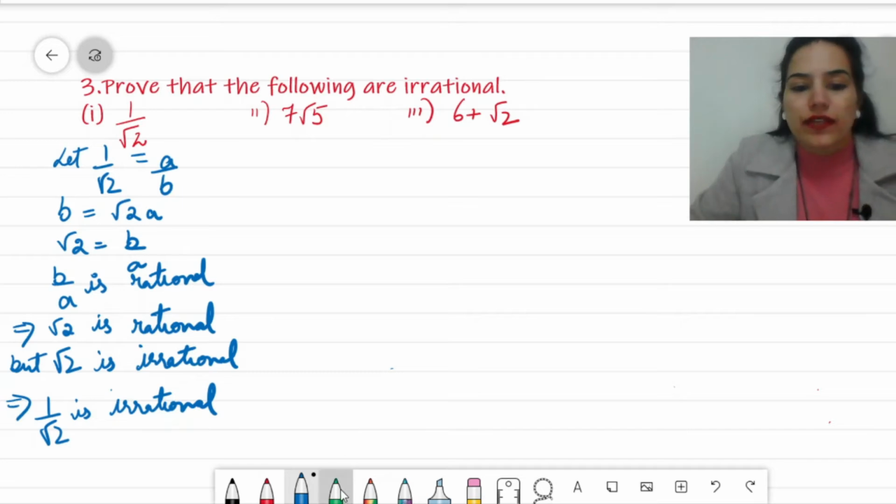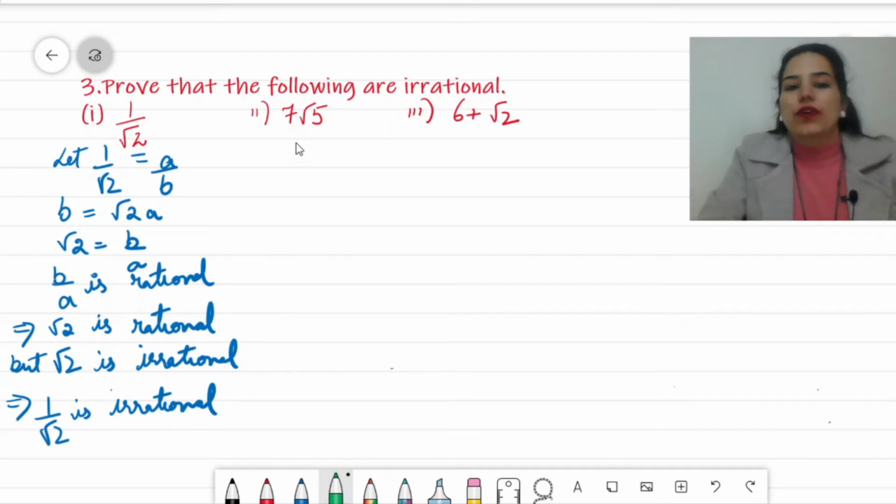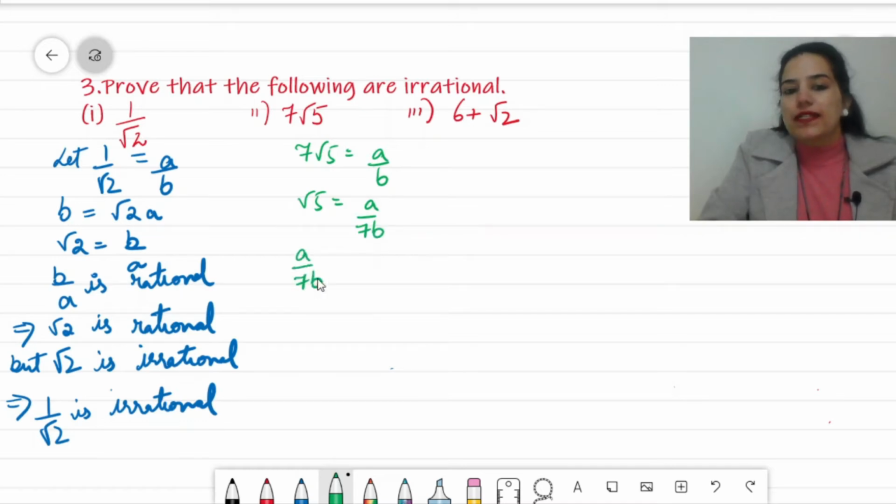Second one is 7 root 5. So again, let 7 root 5 be equal to a by b. Root 5 will be equal to a by 7b. Again, a by 7b is rational, which implies root 5 is rational.